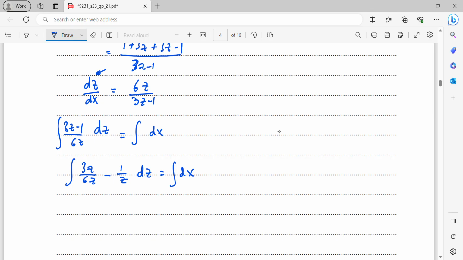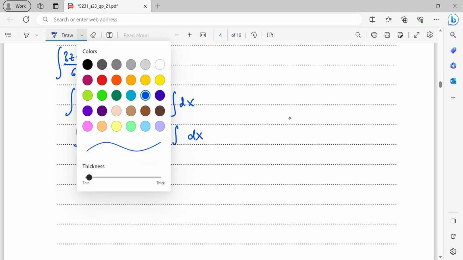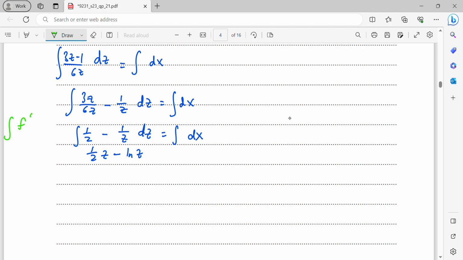So the first term simplifies to just half. Then the second term is 1 over z. Now integrate half with respect to z, which is basically half z. The second term will be ln, because our formula is the integral of f prime x over f x dx gives ln f x plus c.